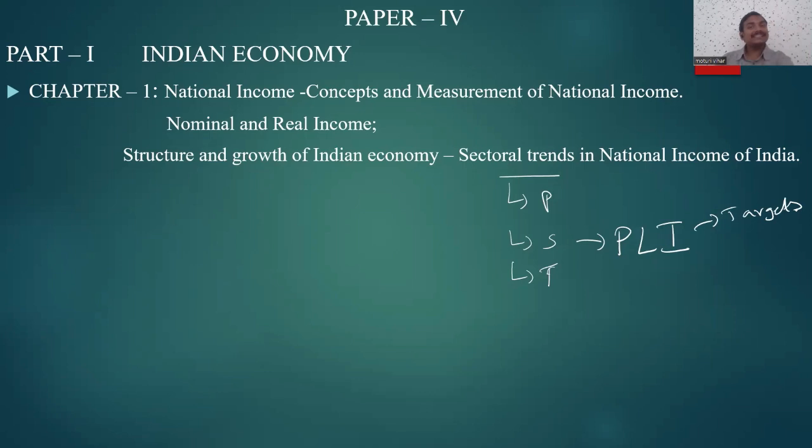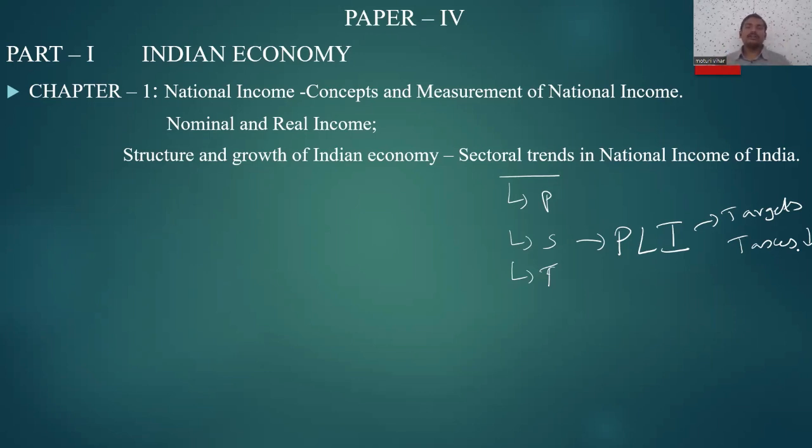Whichever company reaches that target, they will get incentives in the form of decreasing the taxes. They decreased the taxes, different kinds of incentives were given. So they simply told, if you want to get incentives, tax decreasing, increase your production.